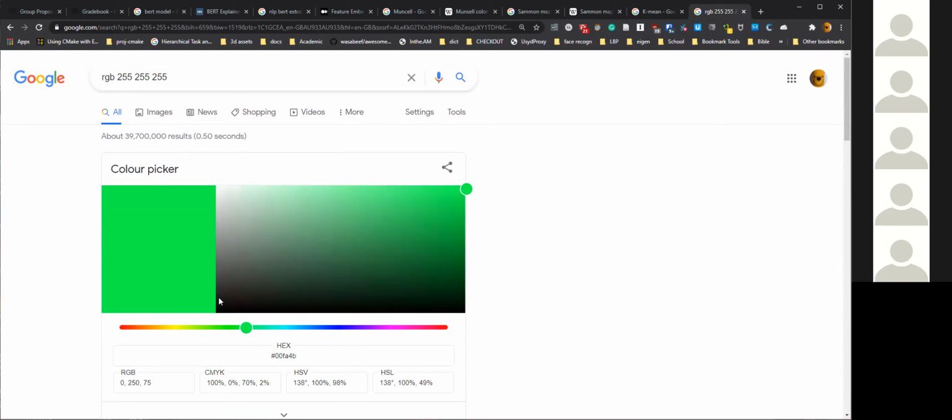Yes, so green looks further away than orange and red, because green looks more different.